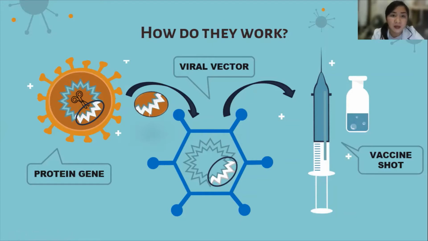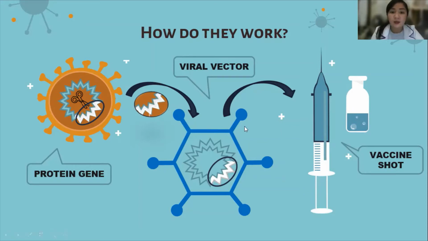Vectors have been modified to ensure safe gene transfer without inducing pathogenic effects, meaning it cannot cause disease. All viruses can serve as vectors once their replicative and pathogenic potential is removed and the gene of interest is inserted within their genetic material.